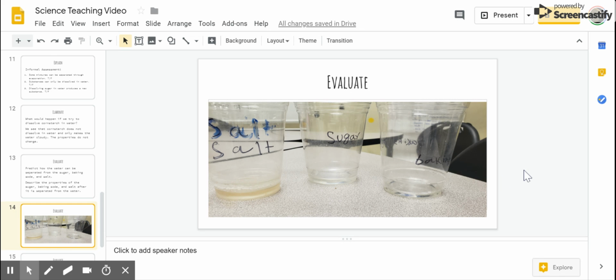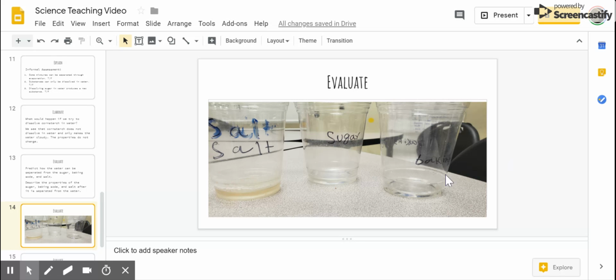So after evaluation over a period of time, the students will see that the water does evaporate from the substance. So that is one way of separating the substance from the mixture.